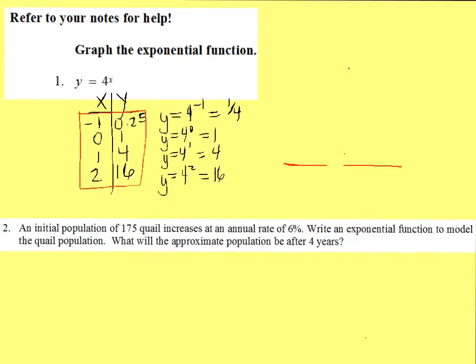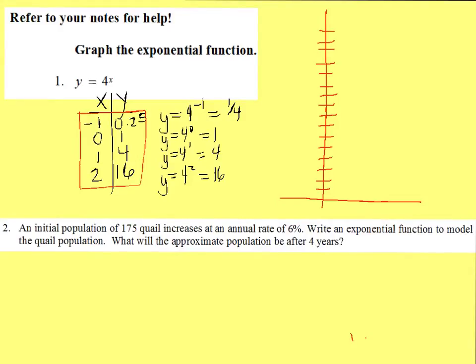Let me try that again. Make it even bigger, start lower, and make my marks smaller. So 1, 2, 3, 4, 5, 6, 7, 8, 9, 10, 11, 12, 13, 14, 15, 16. Alright, so that's 16. I'm going to label it. And then down below, I go from -1, 0, 1 to 2.